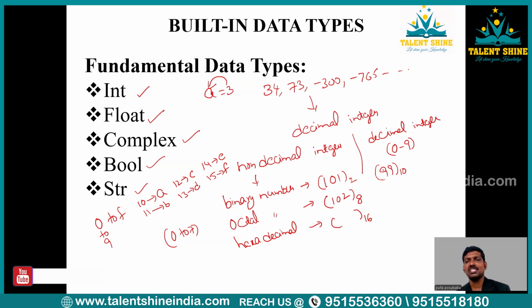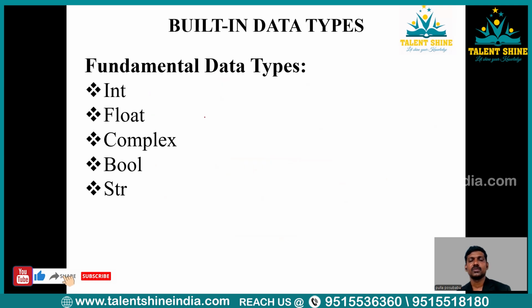Now, all these non-decimal integers you can also represent in Python. In what way could you represent them? Let me erase the things over here. If I take A equal to 1010, it will be considered as an integer.